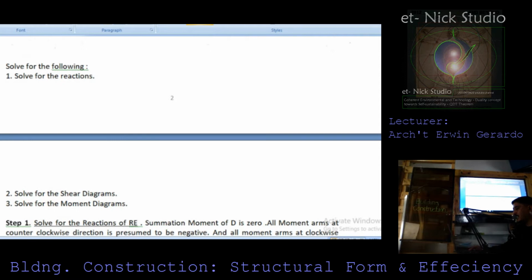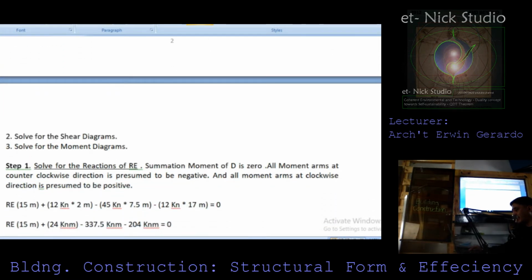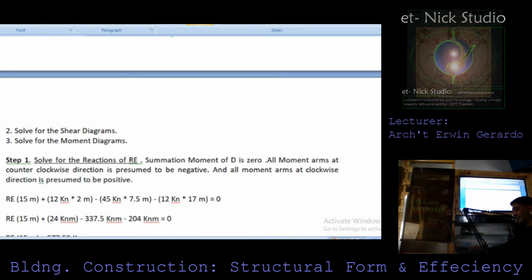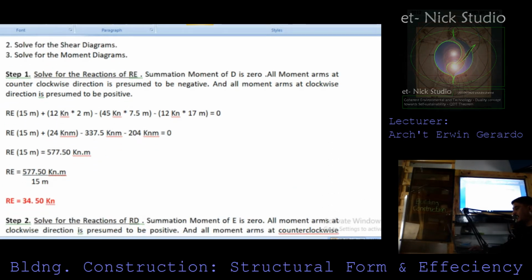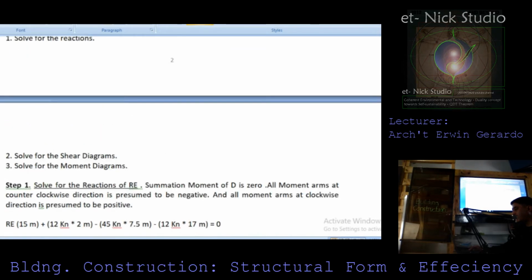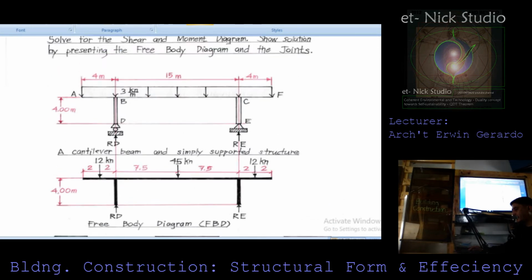So you need to solve for the following: solve for the reaction, solve for the shear diagrams, and solve for the moment diagram. So step 1, solve for the reaction at E, RE. So we are actually referring to this reaction.